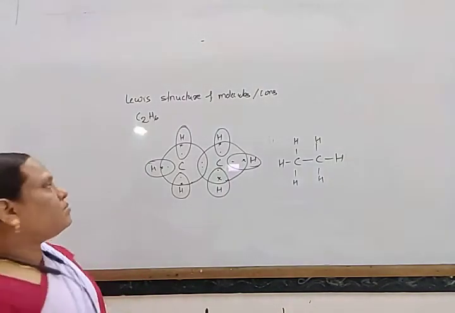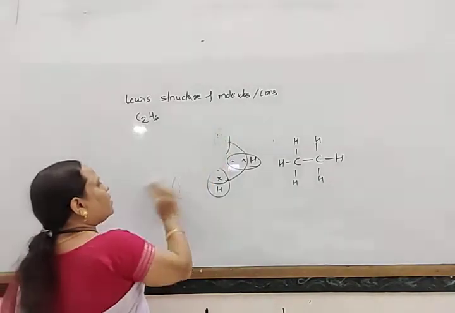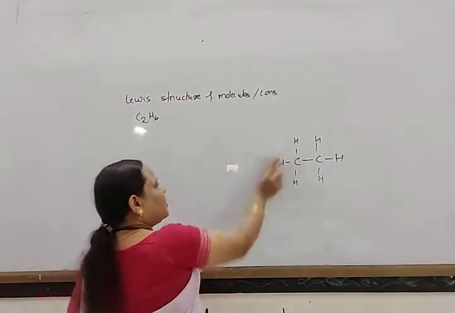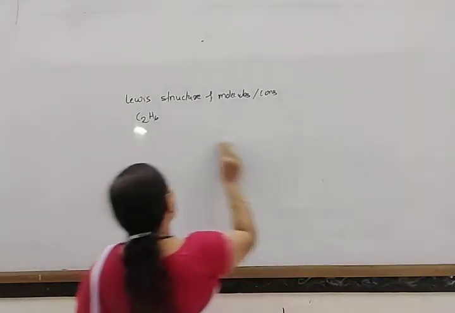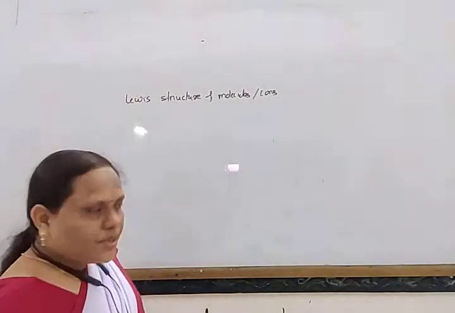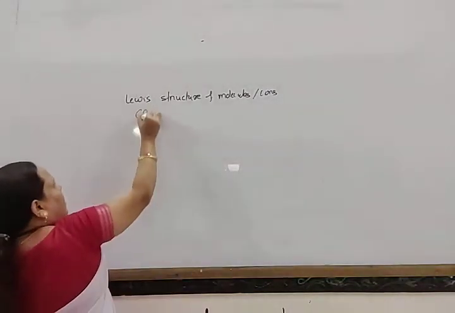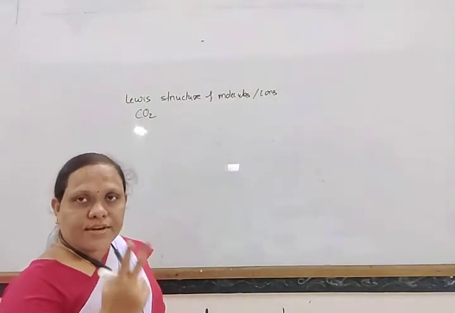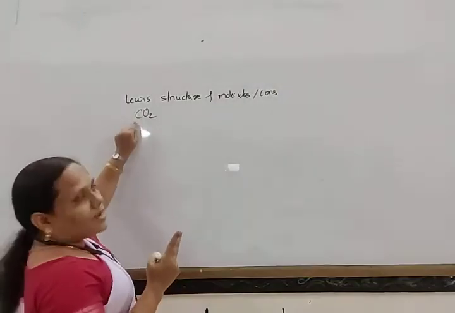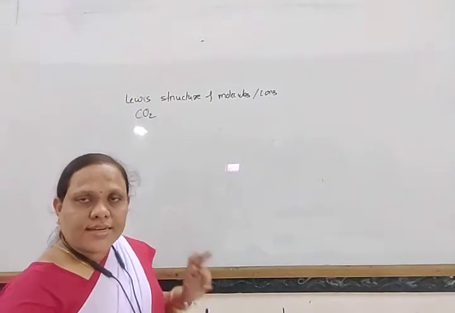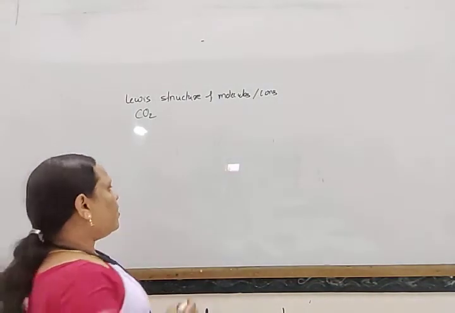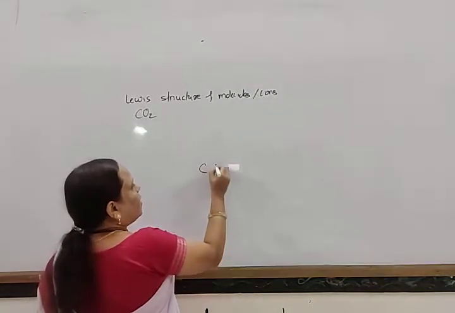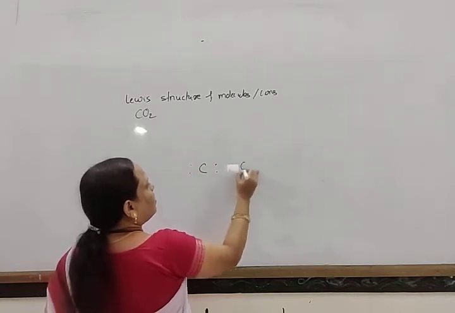Next, another molecule. Write down the Lewis structure of carbon dioxide. One oxygen has 2 valence electrons needed, so it can form 2 bonds. And carbon has 4 valence electrons, so it can form 4 covalent bonds. So carbon: 1, 2, 3, 4.